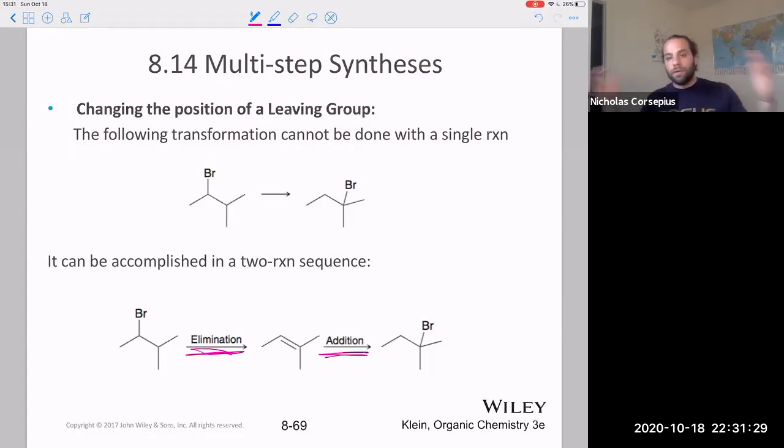The idea was you got to get rid of that leaving group first, create an alkene, and then from there you can do stuff to that alkene in terms of an addition of a new product, right? In this particular one here, we're going from a less highly substituted to a more highly substituted. So first we have to do an elimination where we form a double bond between the two.